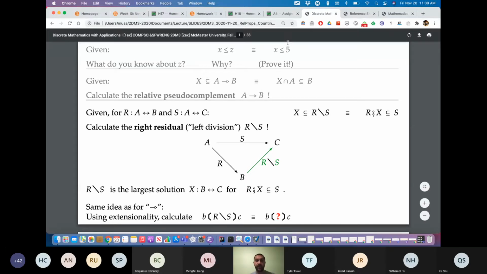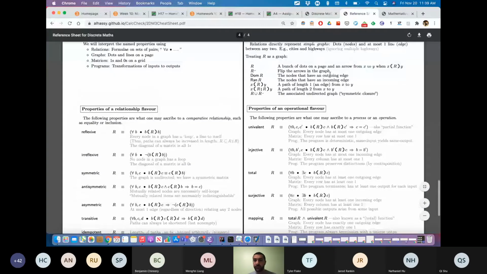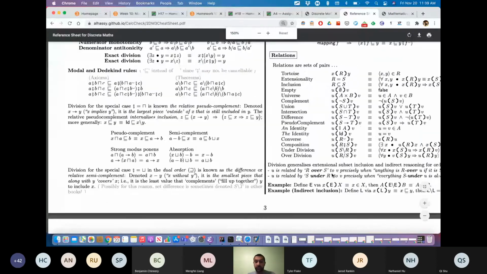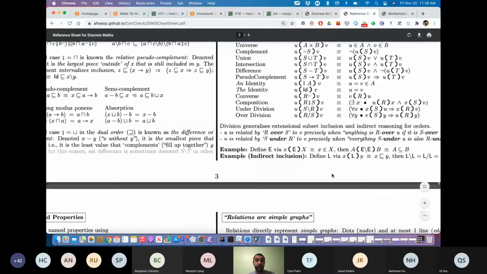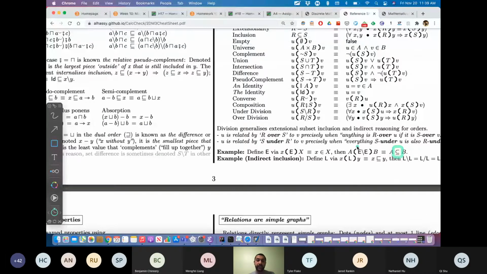So I'll come back to that later, but for now, I've given you some examples right here on division and where you have actually seen it. So we've already used division before secretly. So the subset relation is really a division. It's membership divided by itself.